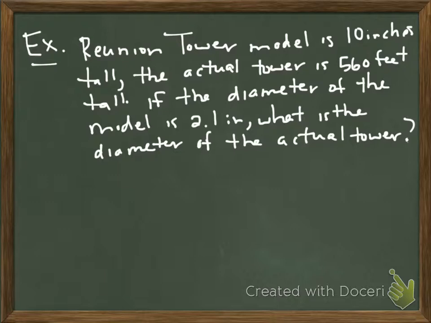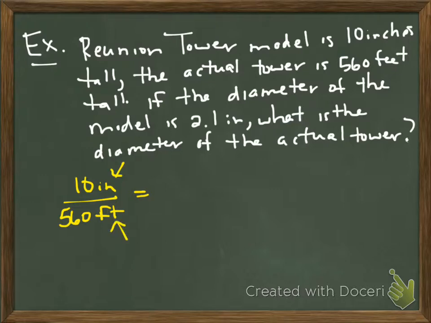Okay, so here's what we can do. I know that the tower on the model is 10 inches tall. I know the actual height of the tower is 560 feet. Now, an easy way to set up proportions is to make sure that you have the same unit of measure in the same spot.